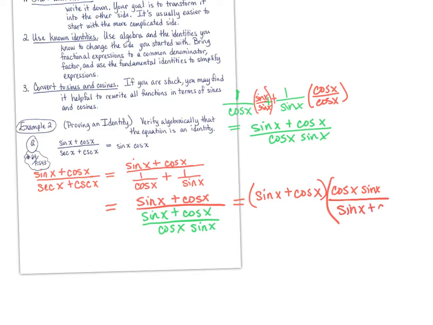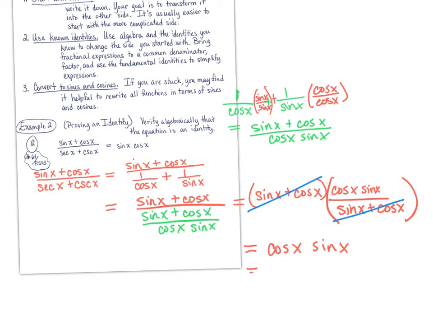Good. Now what happens? Sine of x plus cosine of x cancels. They cancel out, right? And we're left with what? Cosine of x sine of x, which is the same thing as sine x cosine x, just in a different order.